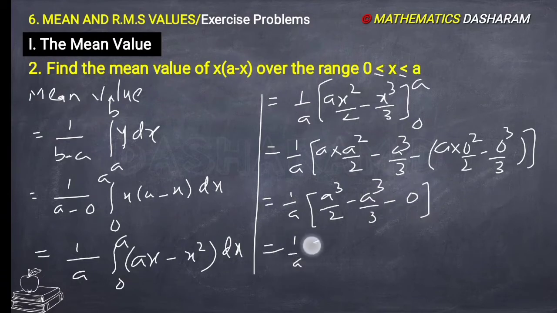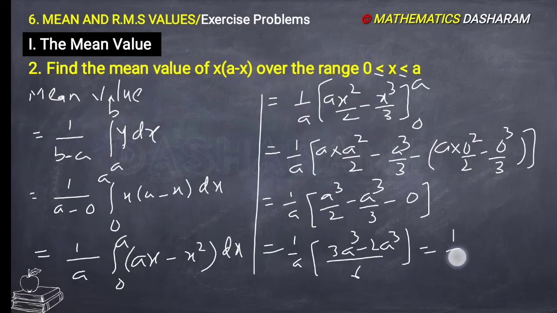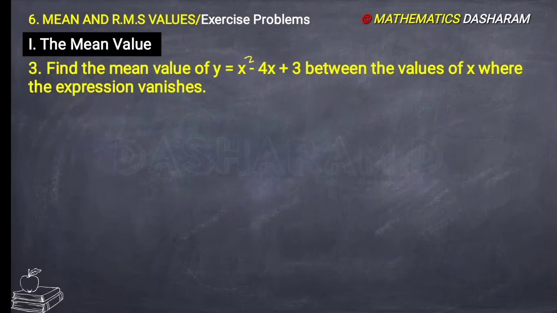Now 1 by a into the LCM of 2 comma 3, LCM 6. So 3a cube minus 2a cube. Then it is equal to 1 by a into a cube by 6. So here one a will get cancelled, then a square by 6 is our required answer.